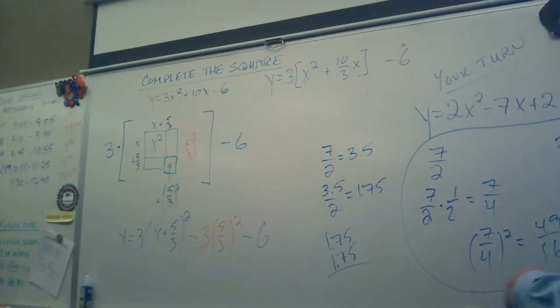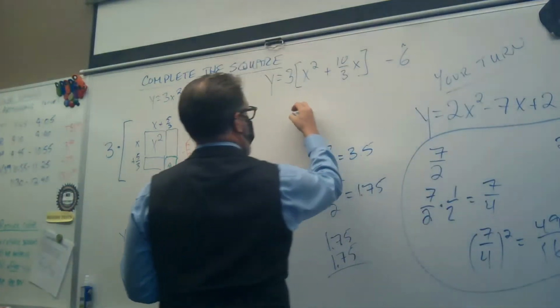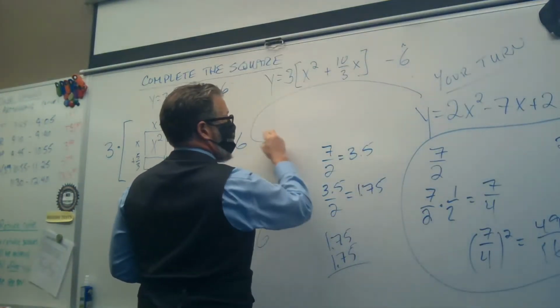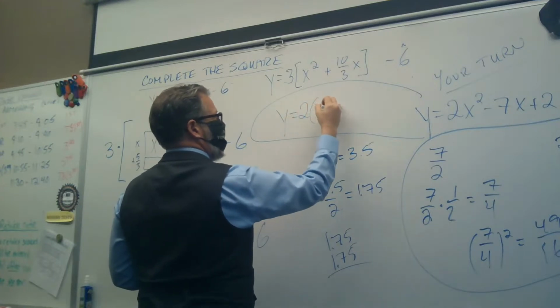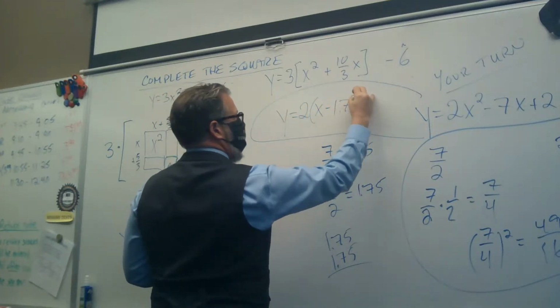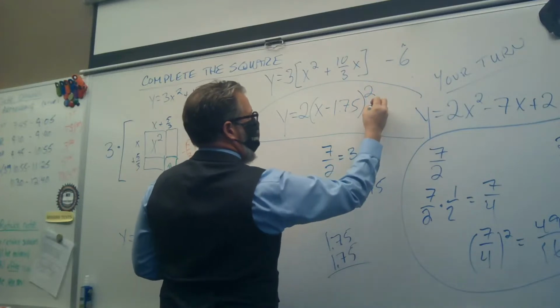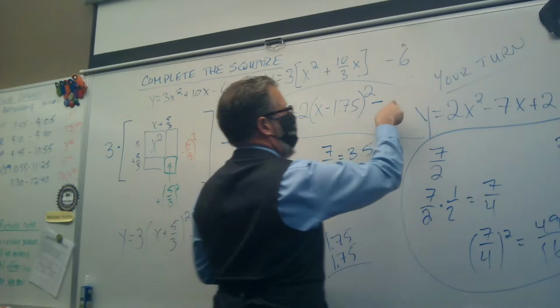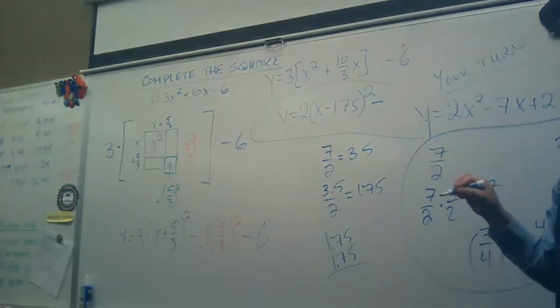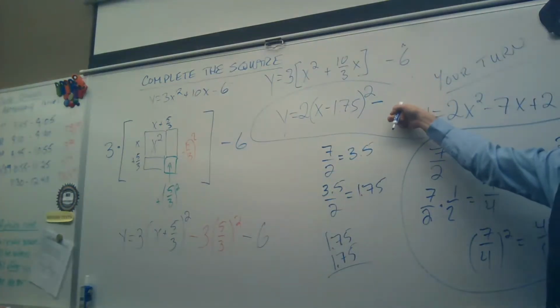Okay, I'm going to say, because we're almost out of time, that this is y equals 2 times x minus 1.75 all squared. And then somebody's going to tell me what goes here. Anybody? What goes here? Nobody wants to share?